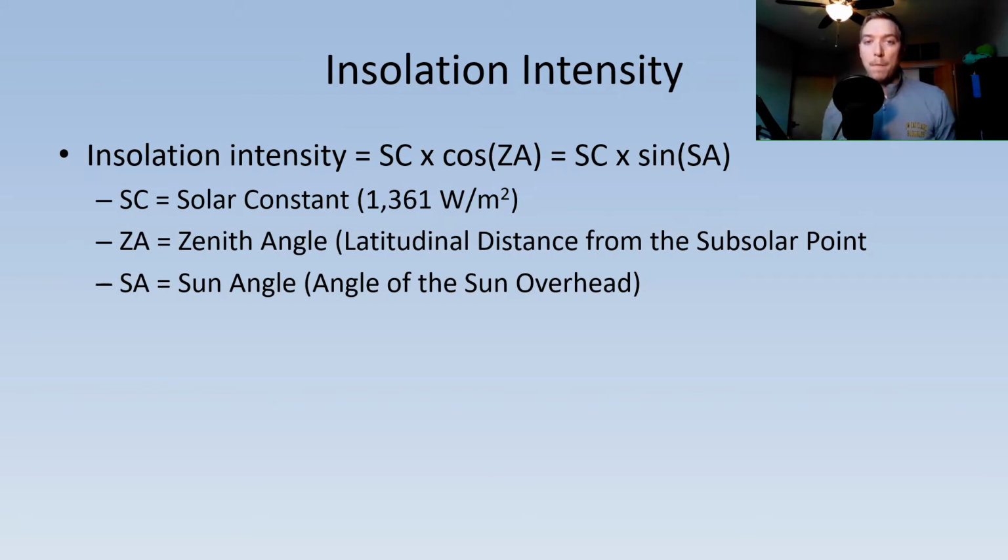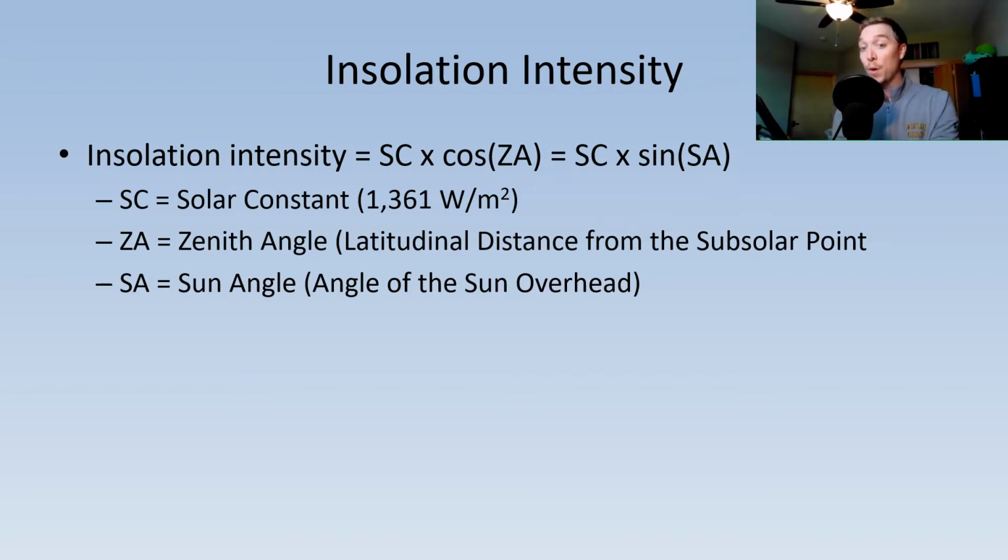But you have to do that relative to the subsolar point. So you have to look at where you are vertically, or from a latitudinal perspective on the planet, compared to that subsolar point. So are you 15 degrees? Are you 30 degrees? We're going to look at a lot of those in the next few slides to get an idea of how that insolation changes. And then you could also do the solar constant times the sine of the sun angle, which is just the angle of the sun directly overhead.